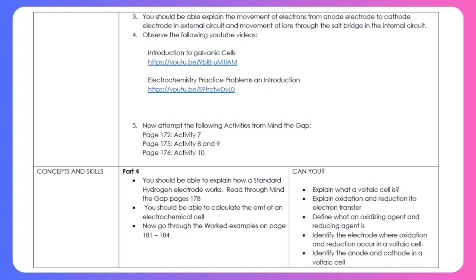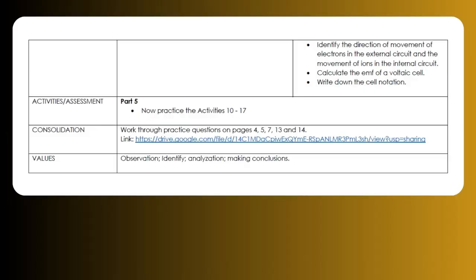Identify the electrode where oxidation and reduction occur in a voltaic cell. Identify the anode and cathode in a voltaic cell. Identify the direction of movement of electrons in the external circuit and the movement of ions in the internal circuit. Calculate the EMF of a voltaic cell. Write down the cell notation.